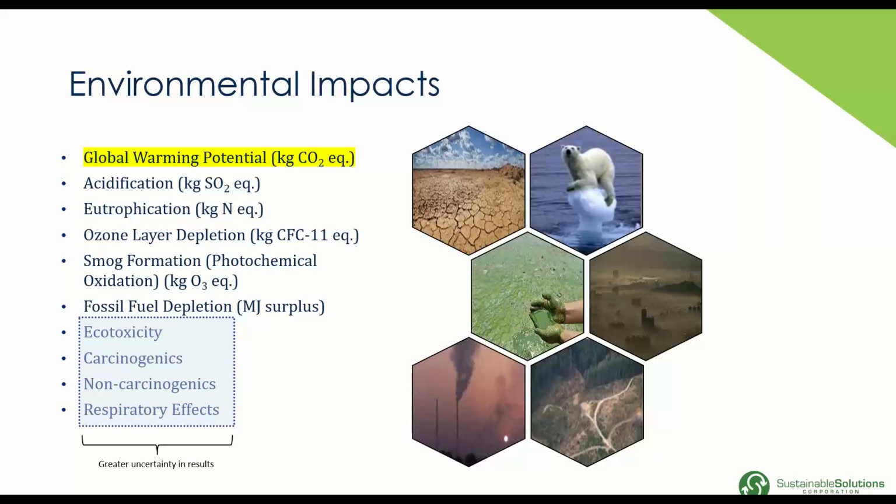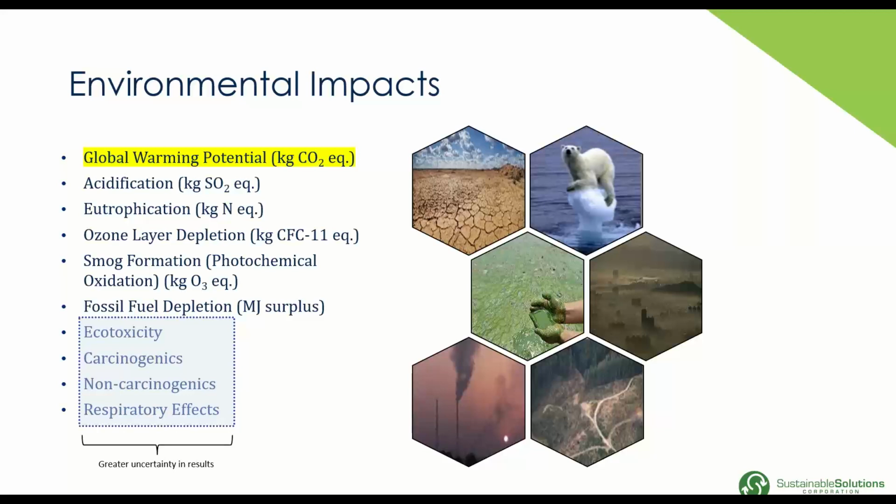And this is basically looking at climate change impacts that measures all greenhouse gases in terms of what we call kilograms of CO2 equivalent. So kilograms of carbon dioxide equivalent. So even if we're looking at methane or other gases that might come out of that process I just showed you from the life cycle, we're going to be looking at this from the GWP or global warming potential perspective.